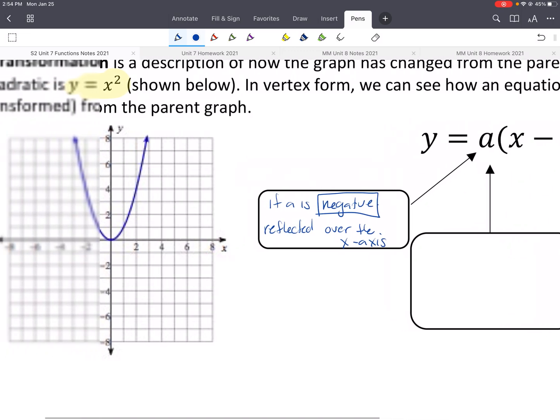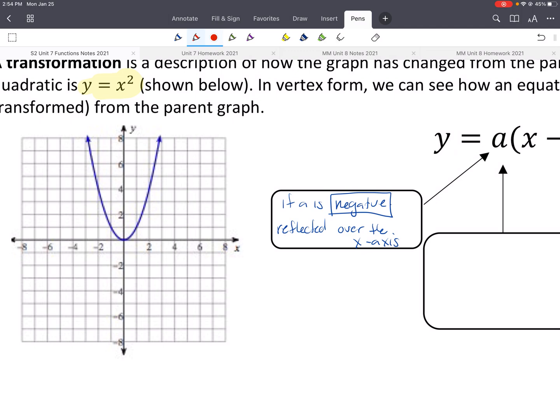Okay, so again, if we were to reflect that over, it would do the exact same graph. It would just be upside down, more or less, so reflected.